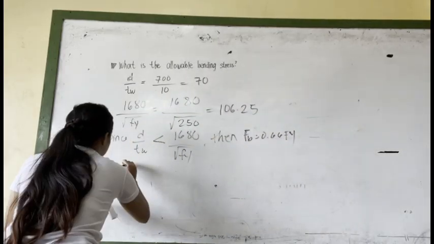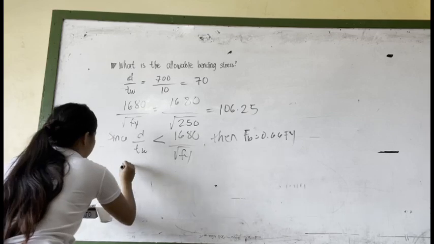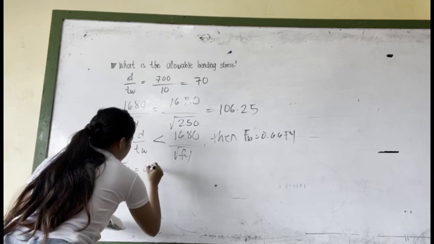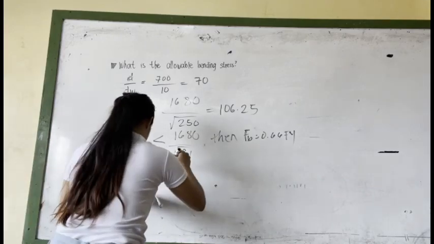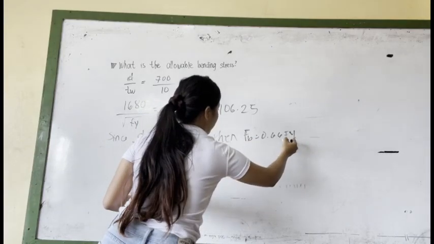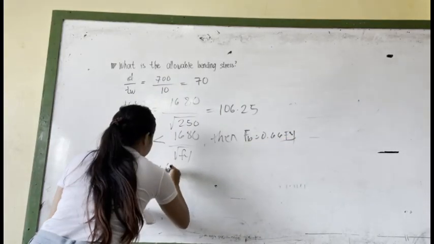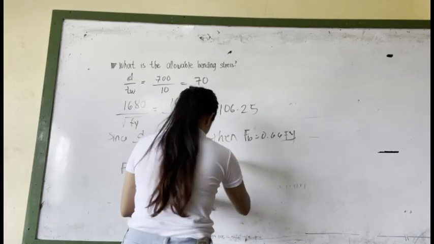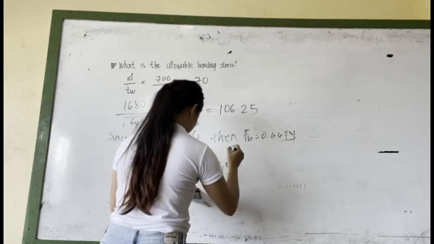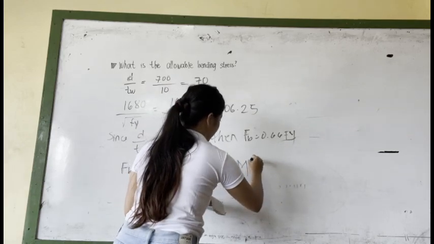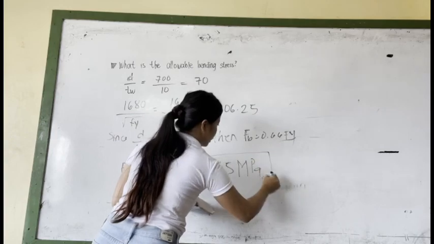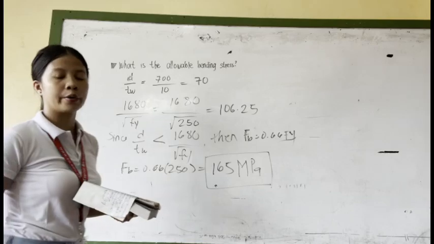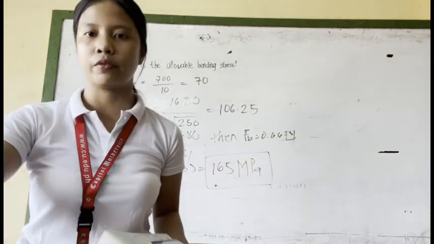Now we will get the Fb, which is 0.66 times Fy, which is 250. And it will result to 165 MPa. And this is the answer in order to get the allowable bending stress of our given problem.